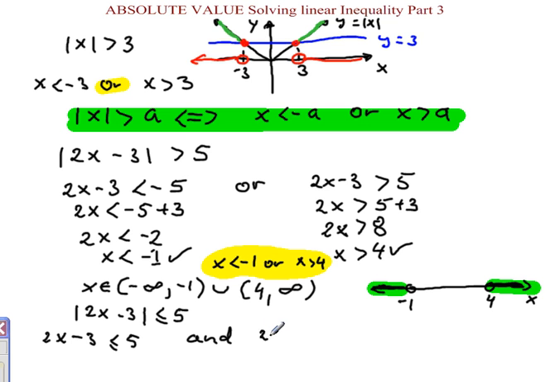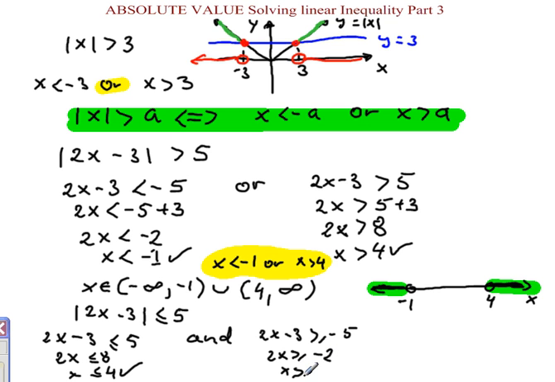So 2x minus 3 is greater or equal to -5. Find the solution here. So 2x is less or equal to 8. X is less or equal to 4. Over here, 2x is greater or equal to -5 plus 3, -2.